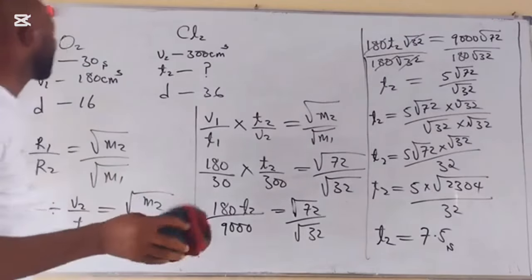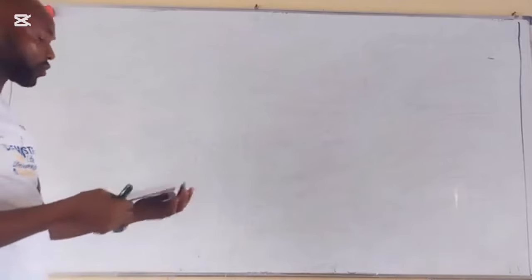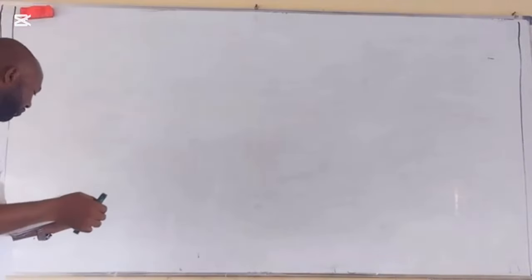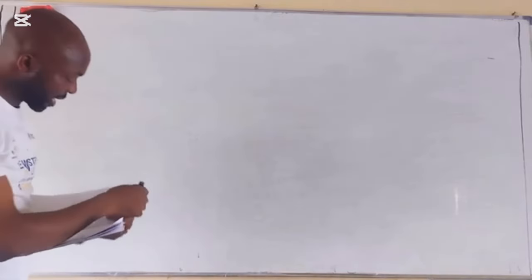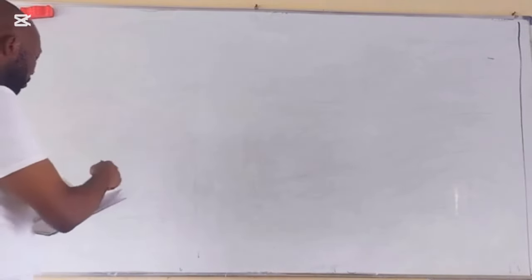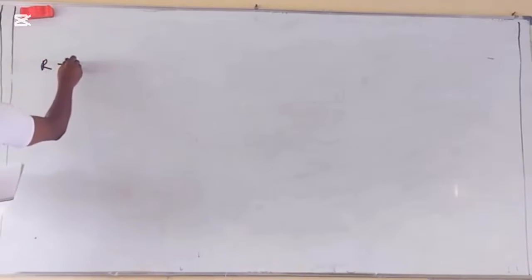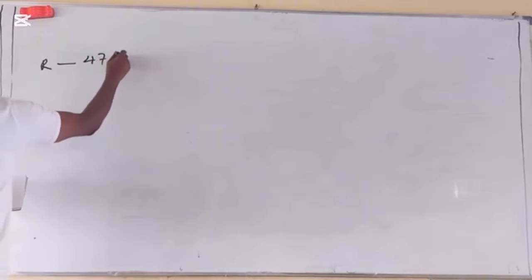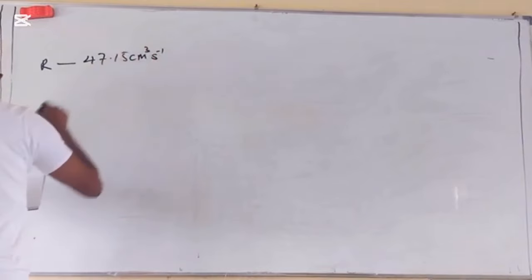Our last question for the day. Okay, a gas diffuses out through a porous pot at a rate of 47.15 cm³ per second. The gas is unknown, but the rate at which it diffuses is 47.15 cm³ per second.